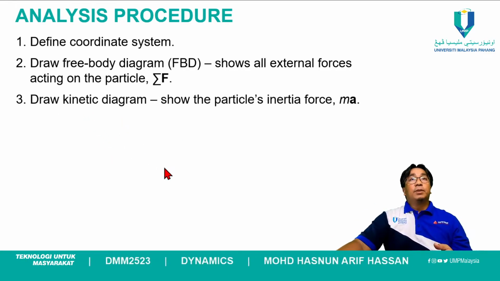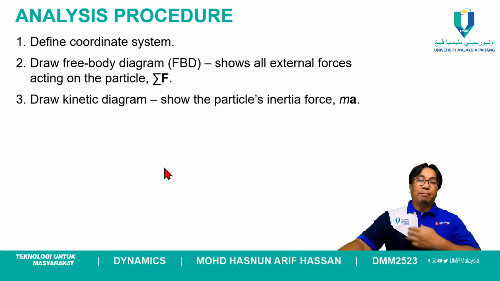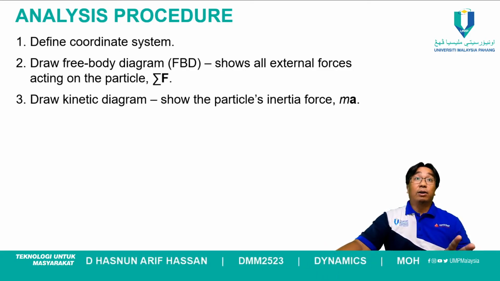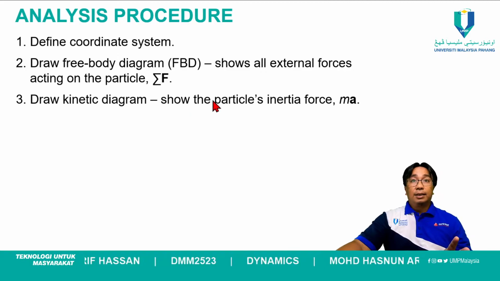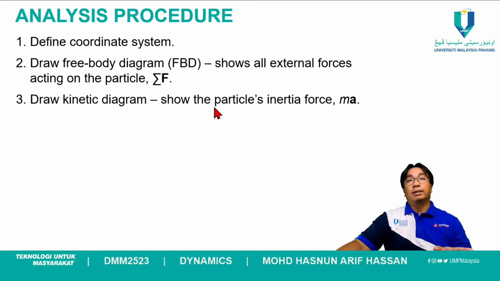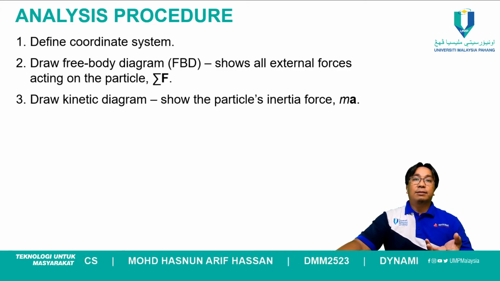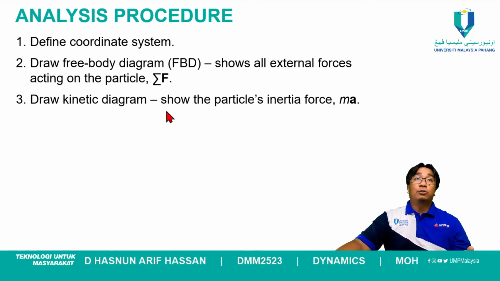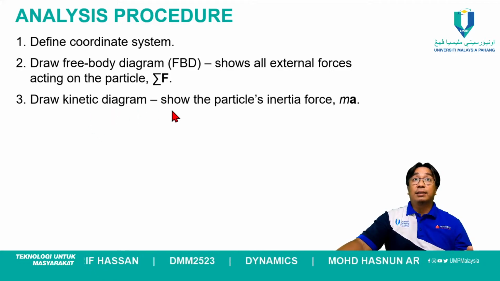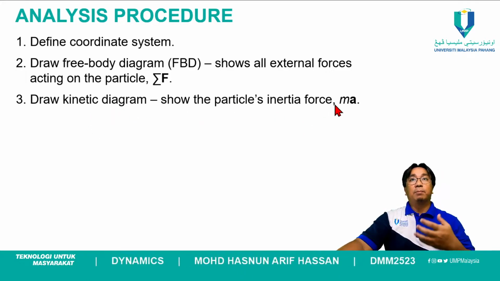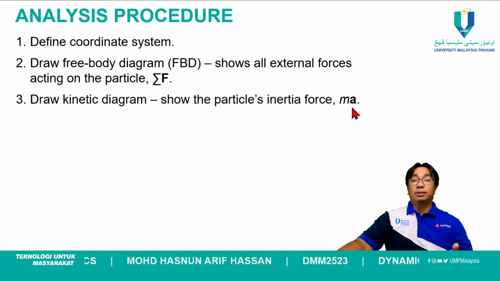Number 3 is to draw the kinetic diagram. You haven't heard of the kinetic diagram because in statics there is no kinetic diagram, because in statics the object, the particle, is not moving. The kinetic diagram shows the particle's inertia force. What does inertia force mean? Inertia force is ma.